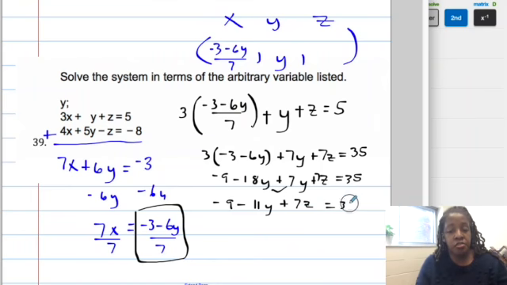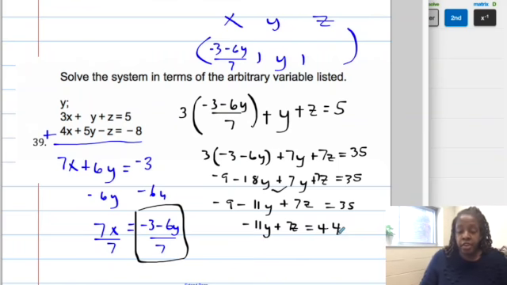So far, so good. Move this 9 over here with the 35 by adding it. So that's going to be negative 11y plus 7z is equal to 44. Important to add, right? Use your calculator if you must. I know 10 will give us 45, so 9 will give us 44. And when you add it, it's a positive still.